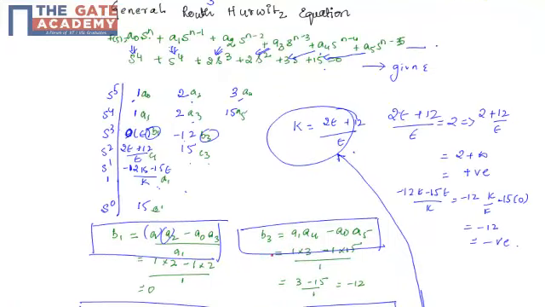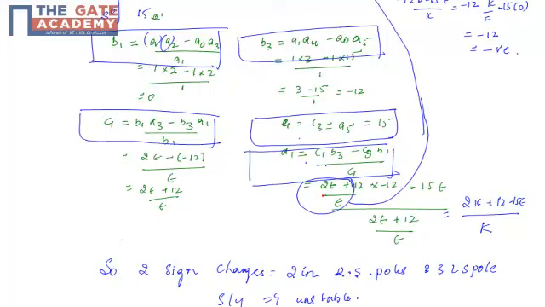So we are substituting 2 epsilon plus 12 by epsilon as the k value, giving minus 12 minus 15 epsilon by k.